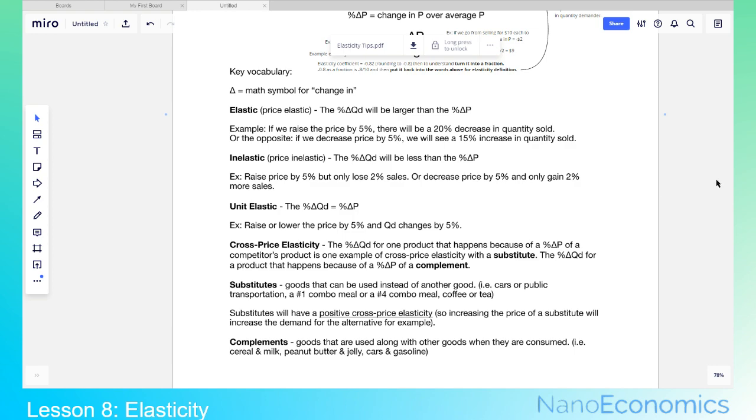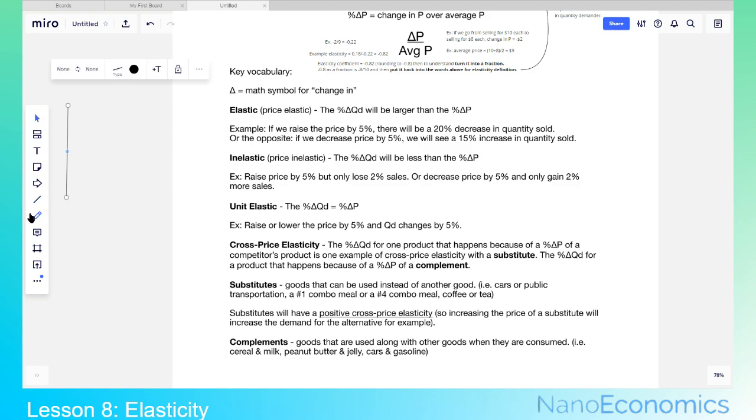So we're definitely going to get more into how this works visually, but for now, really the only thing I want to do is quickly illustrate the ranges of elasticity on a demand curve.